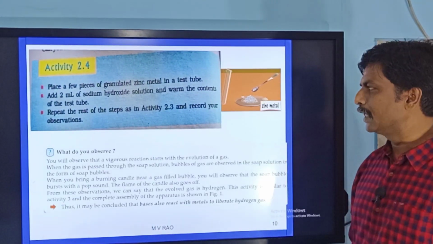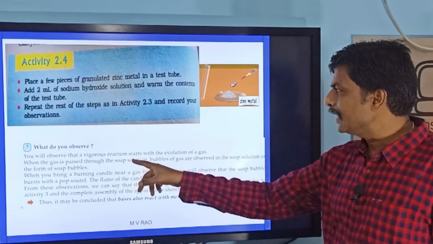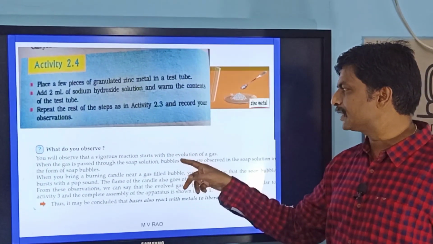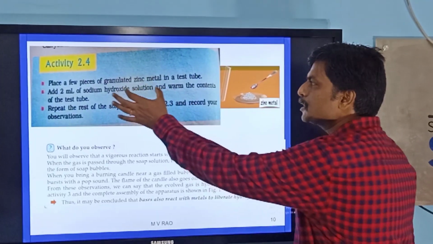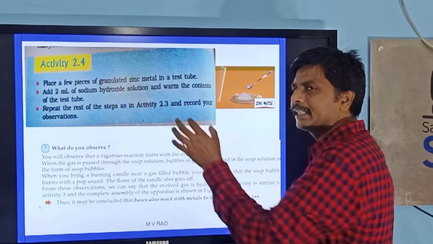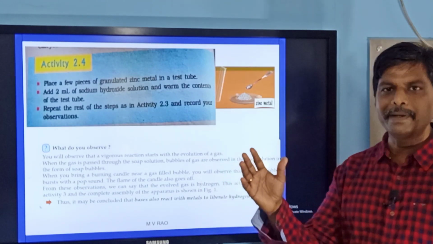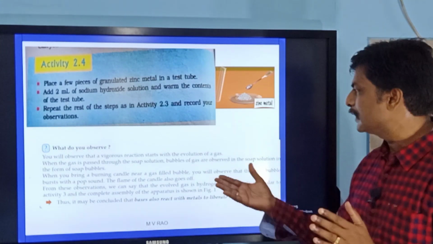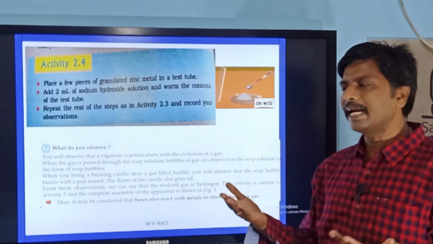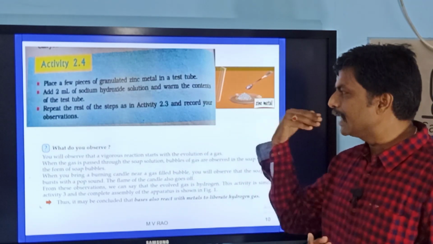What will you observe? You will observe that a vigorous reaction starts with the evolution of gas. Between zinc metal and sodium hydroxide, a vigorous reaction will take place with evolution of gas. Which gas is evolved here? Hydrogen gas is evolved.